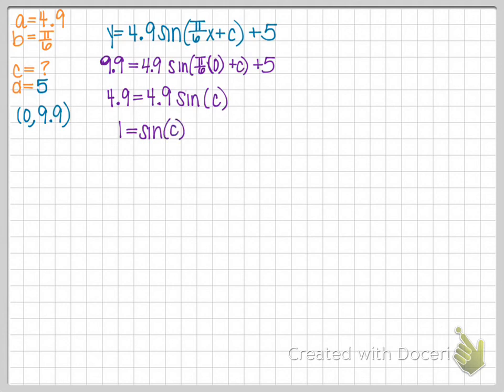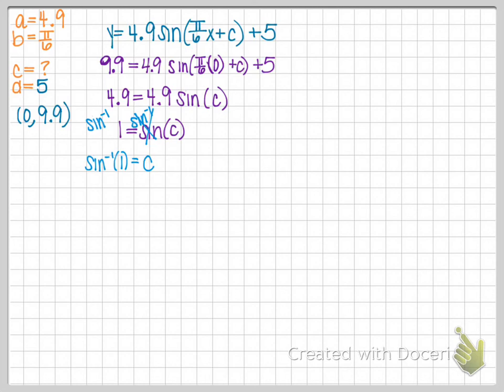And just like we did with the cosine, we're going to use inverse sine or arc sine here. So the inverse sine of both sides. So I'm going to end up with the inverse sine of 1 is equal to inverse sine and sine. They undo each other. That's what inverse operations do. So I'm just left with c.